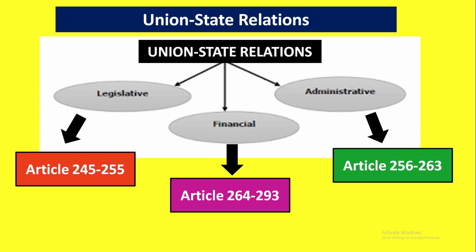Legislative and administrative relations are given in Part 11 of the Indian Constitution. Legislative relations are given from article number 245 to 255. Administrative relations are given in articles 256 to 263.